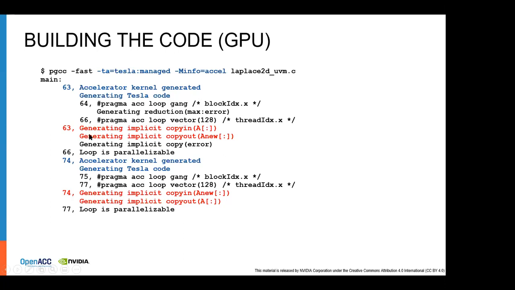And you see in red now, it's telling you that it's implicitly copying in A and nu. So it's managing the data movement for you, and also copies the error scalar variable and does the same thing. You see the same kind of messages for the second loop.